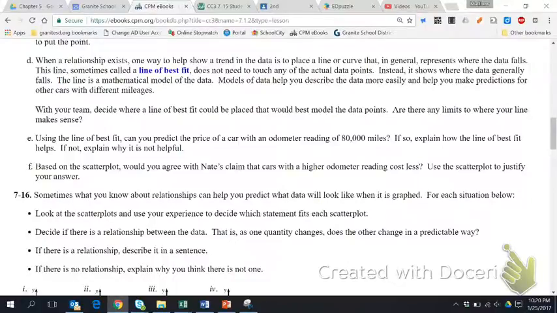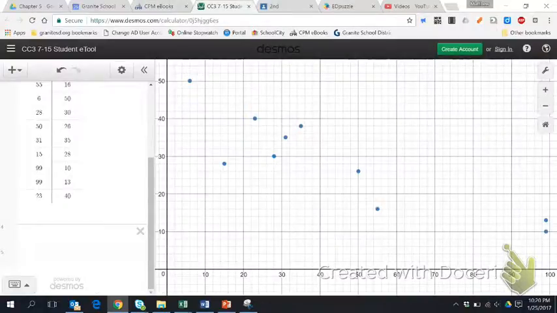Take a look at your graph that we have. Now, what we would just do is try to draw on that. And this is how we create our lines of best fit.